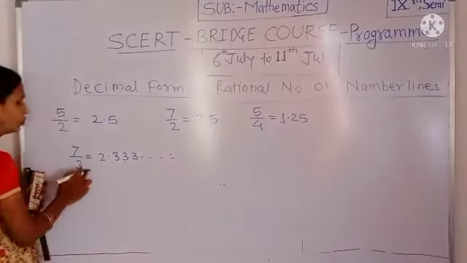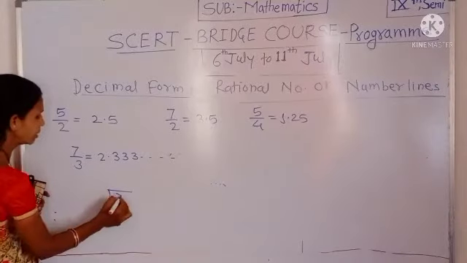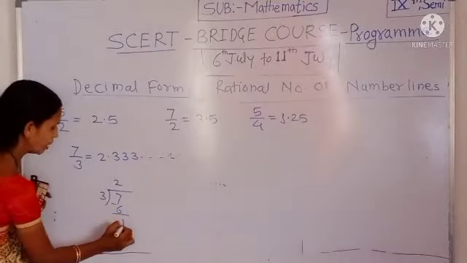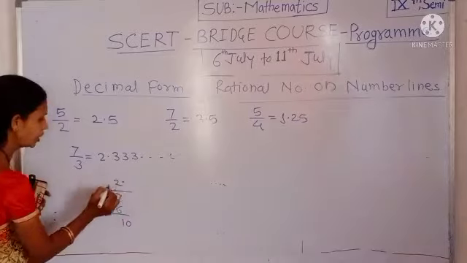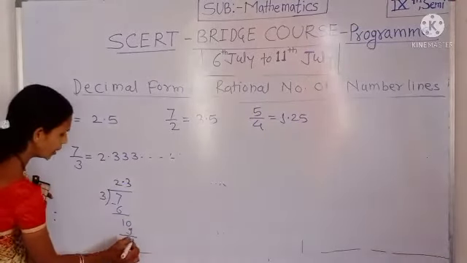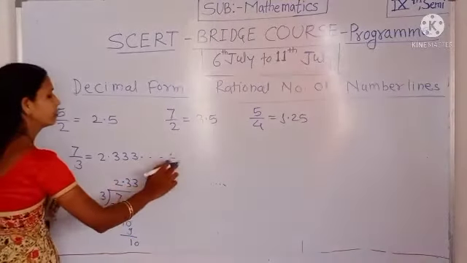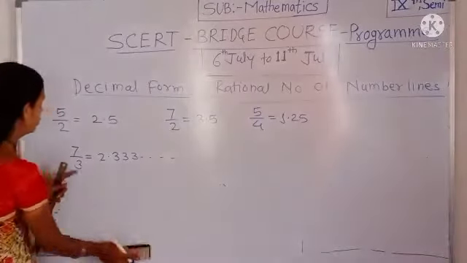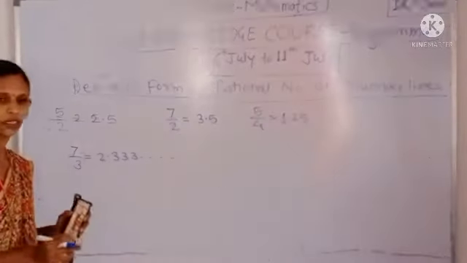And a few more examples: 7 upon 3 is 2.3333. If you do the division, 3 2s are 6, remaining 1, then we take 0 and the decimal point is written here. 3 3s are 9, remaining 1, again 0 is taken, 3 3s are 9, and it never ends, so we get the decimal form 2.3333.